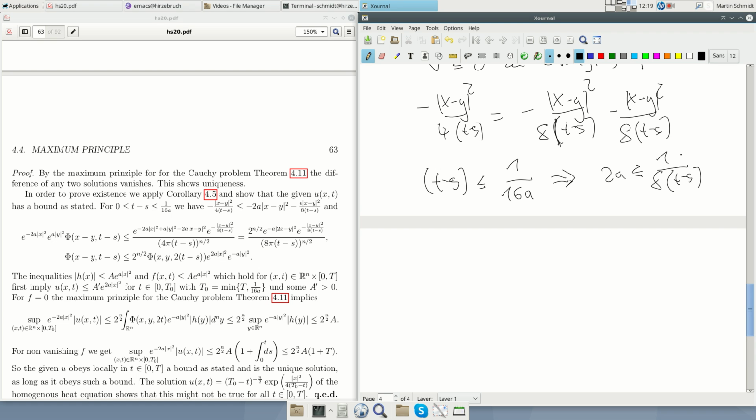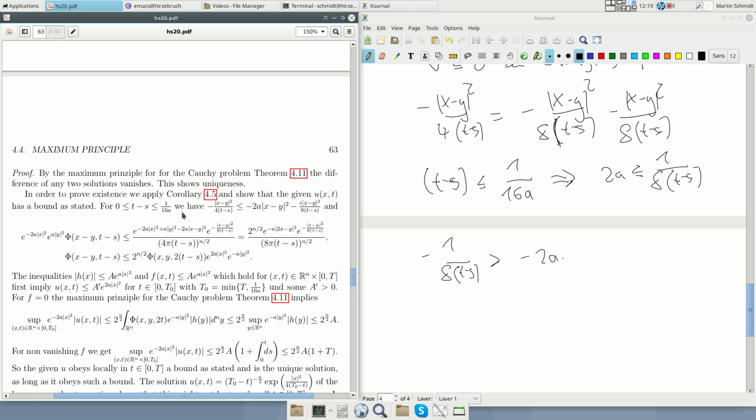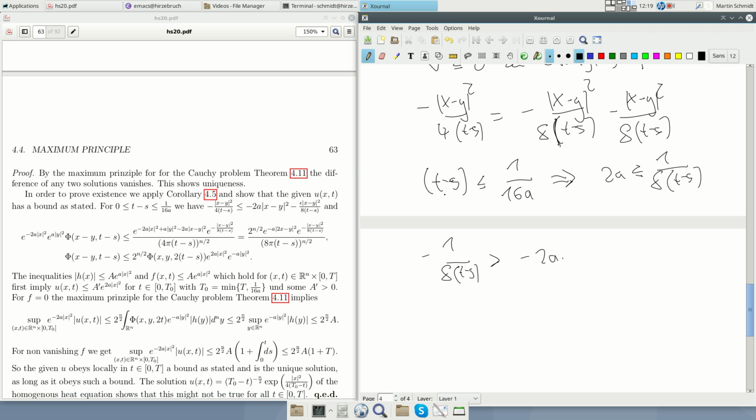And so we replace this here, so with the negative sign, minus 1/8 of (t minus s) is smaller than minus 2a.